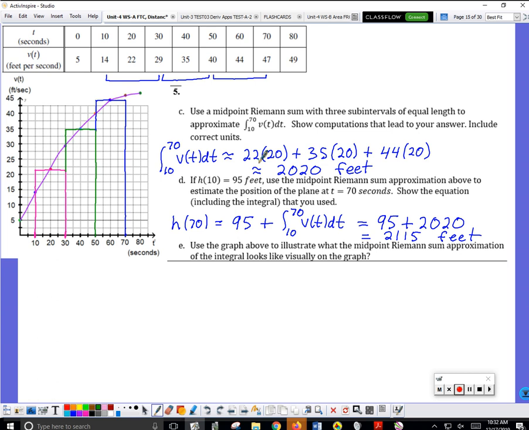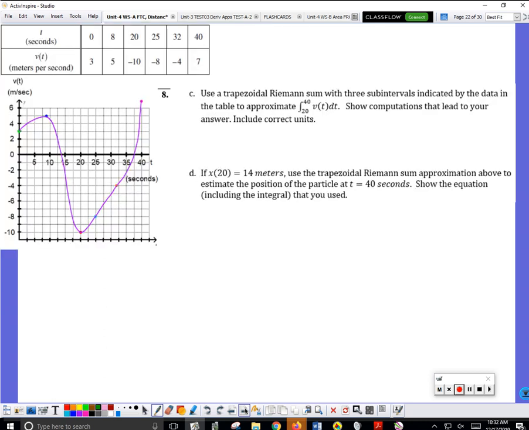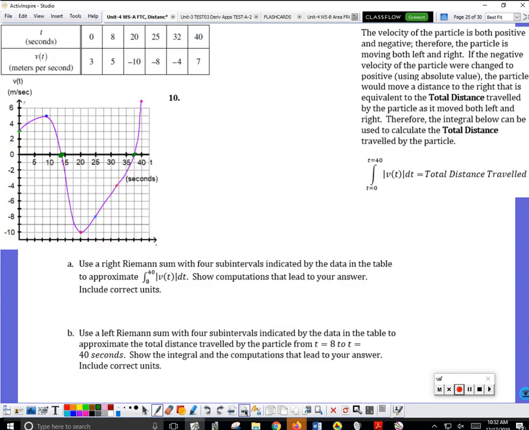When it says subintervals indicated by the data in the table, that means it doesn't matter that they're equal in length, right? Perfectly stated. For random subintervals? Yeah, because it says here start at 8. So time equals 8.